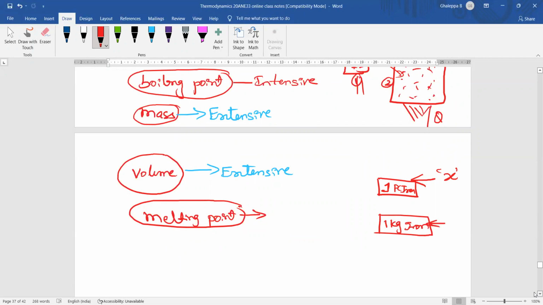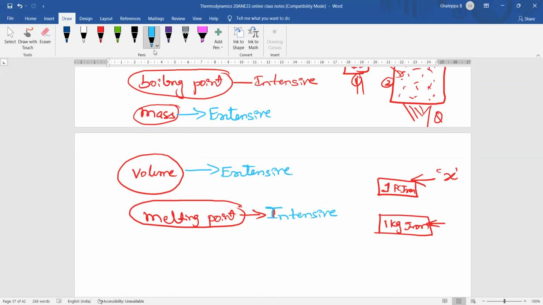Always, if you take 1 gram or 1 kg or 1 quintal, 1 ton, the melting point temperature of the substance will remain the same. So it will not change with respect to mass. So again, it is an intensive property. It does not depend on mass.